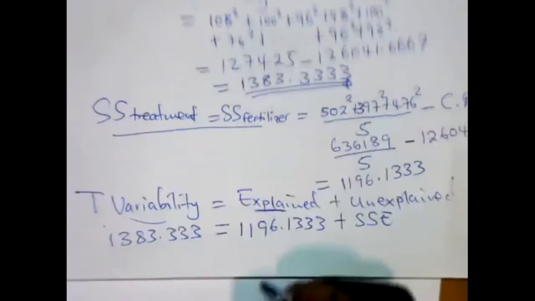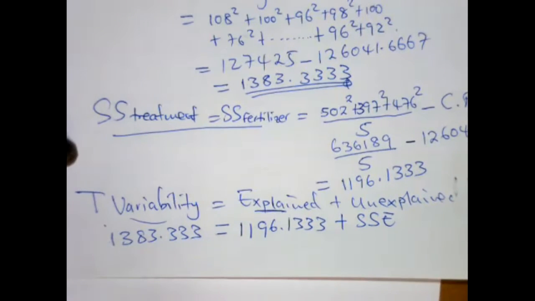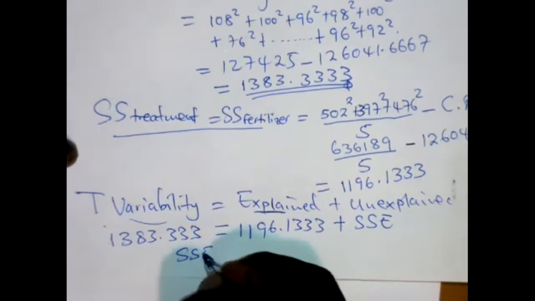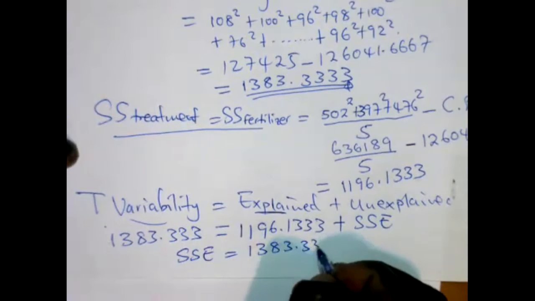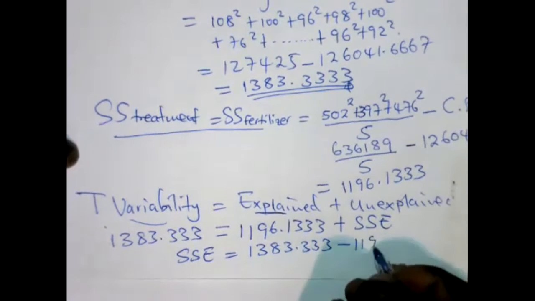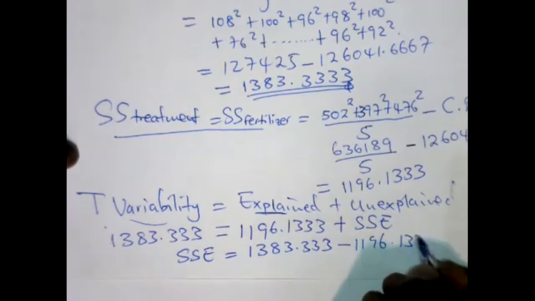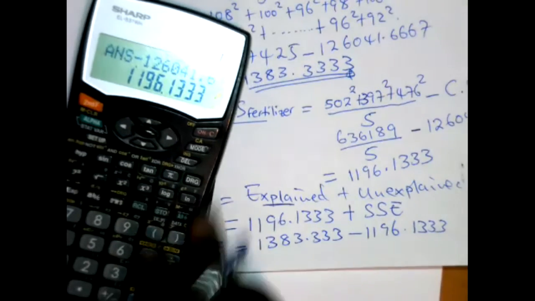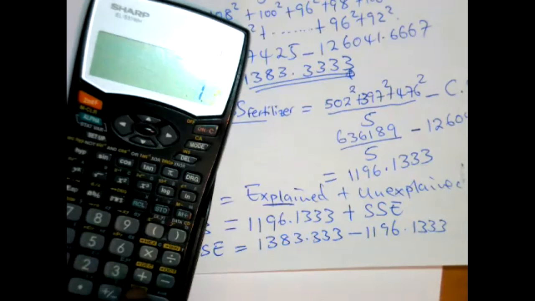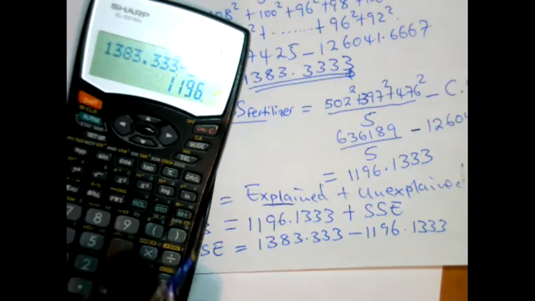So to get SSE, we'll say SSE is equal to 1383.333 minus 1196.1333. Take my calculator. I have 1383.333 minus 1196.1333.